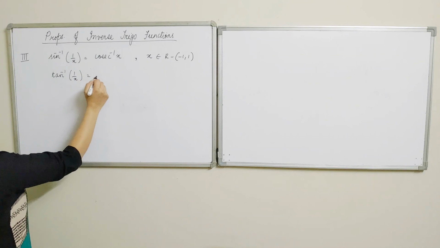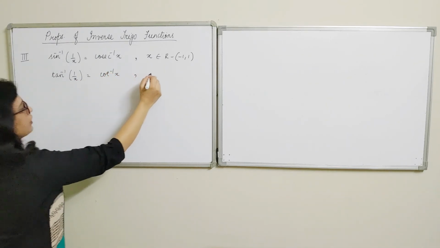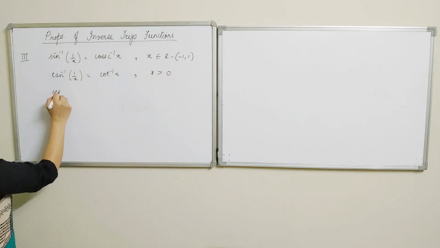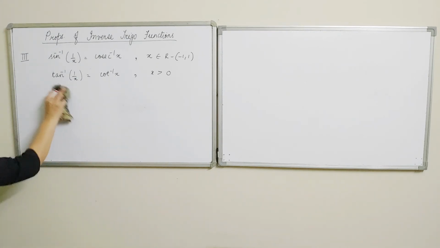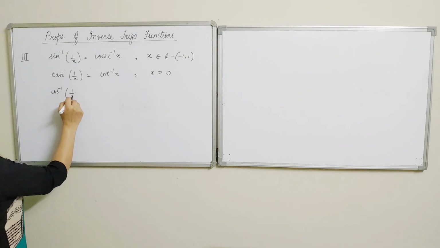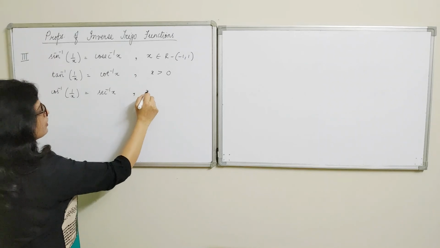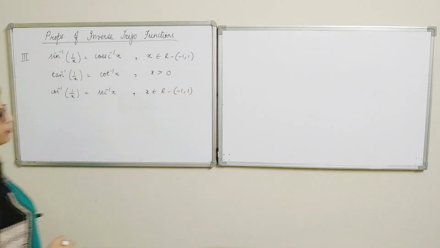Tan inverse 1 by x is cot inverse x when x is greater than 0, and cos inverse 1 by x is sec inverse x when x belongs to R minus the interval from -1 to 1.